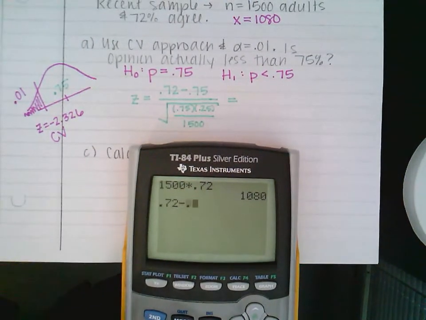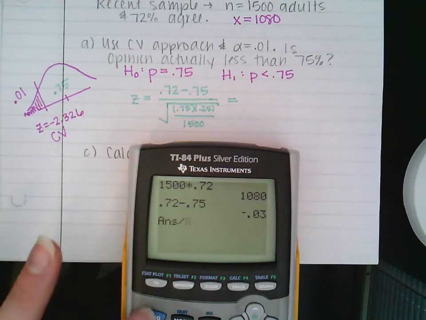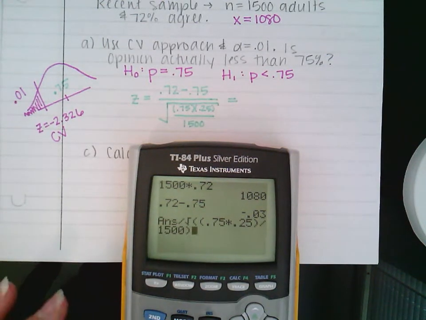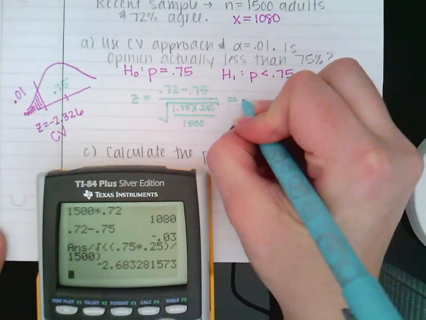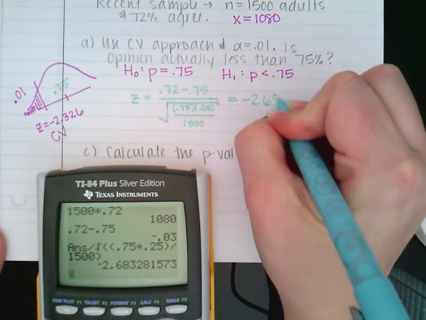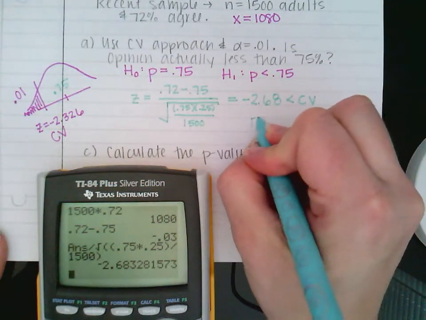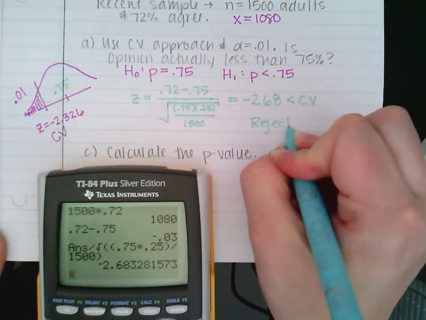So use the population proportion if ever known. Okay, and I get negative 2.68, which is less than my critical value. It is outside that bound, so I reject H0.